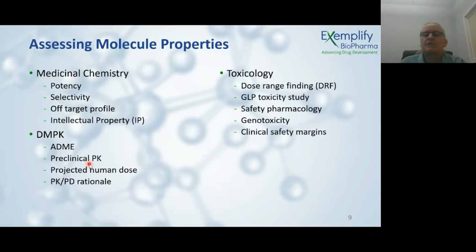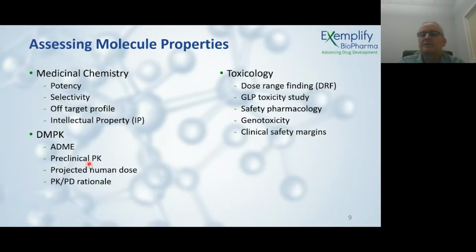On the toxicology side, obviously in this preclinical space, there's a lot of work done to support your entry into the clinic. So you're going to do studies like dose range finding studies. You will do a GLP toxicology study of whatever the appropriate duration, typically anywhere from, let's say, 28 days to 3 months.